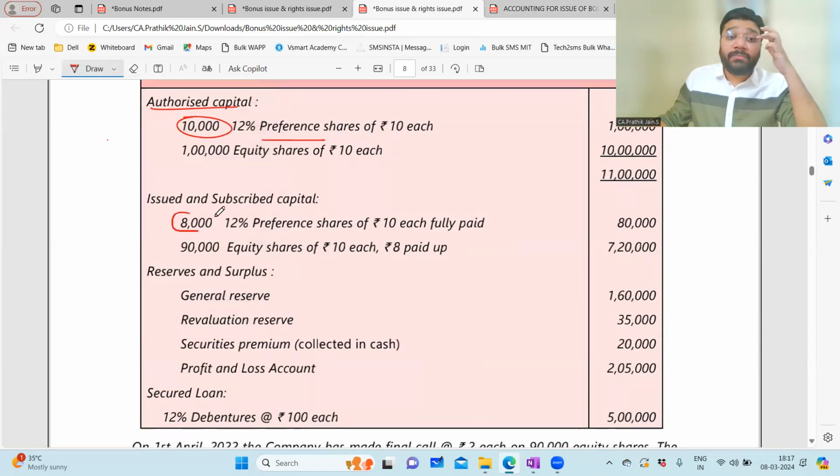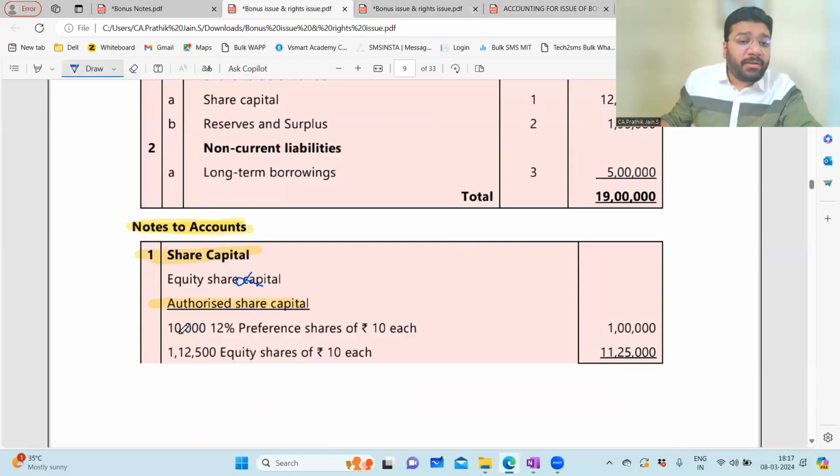How much is issued? 8,000. Anywhere in this process, did I further issue any preference shares? The answer is no. So authorized is the same as it is, no change. So the authorized share capital for preference shares is 10,000 12% preference shares of 10 each, same 1 lakh rupees.